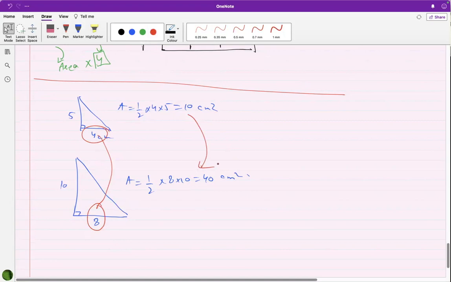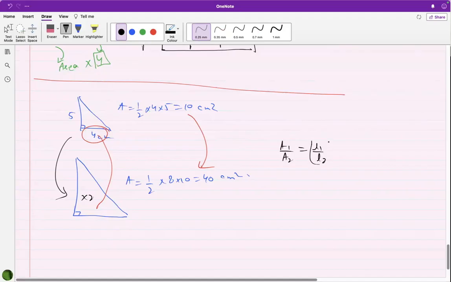So what would be the case? Let's say that this side is missing. I'm not finding those sides, but it is only given that it is twice the length of that. It is twice in length. So I would say area of 1 over area of 2 is equal to length 1 over length 2, whole squared.